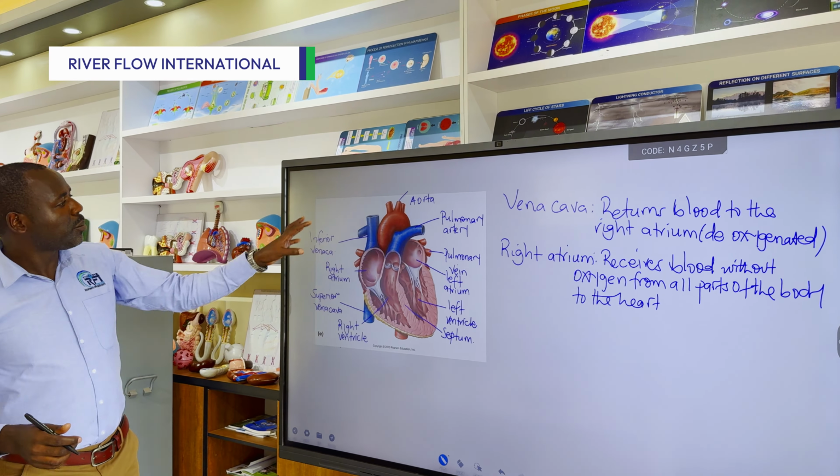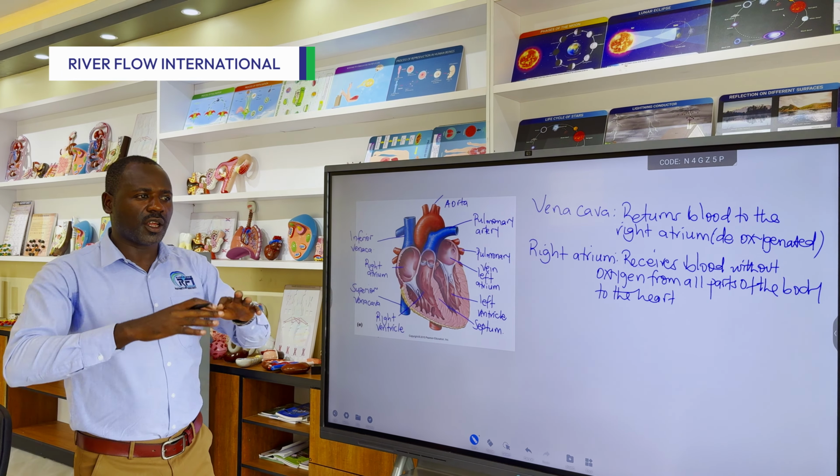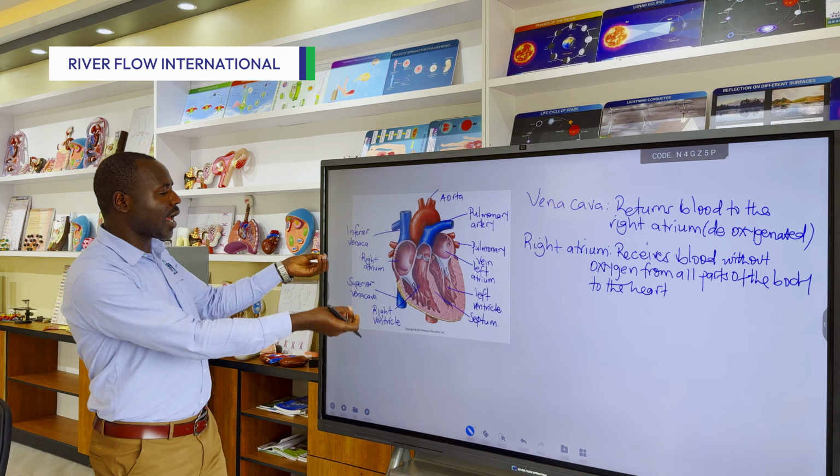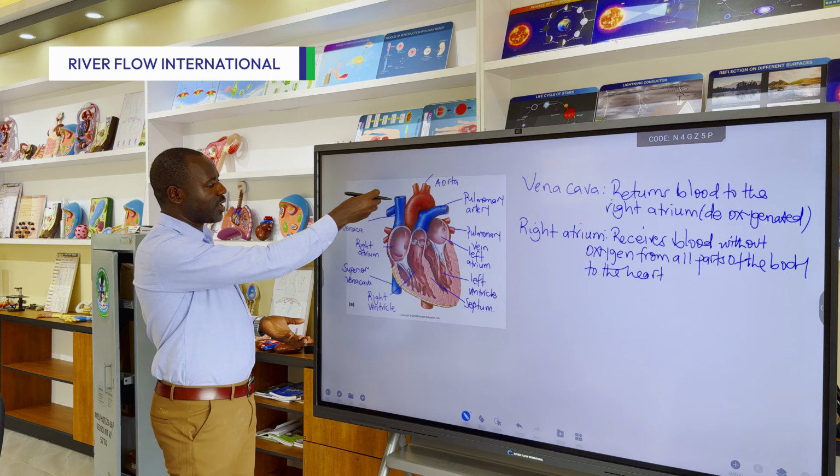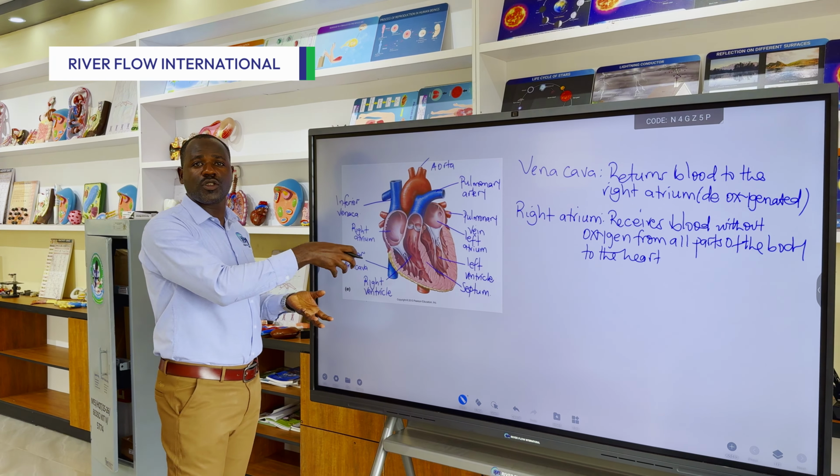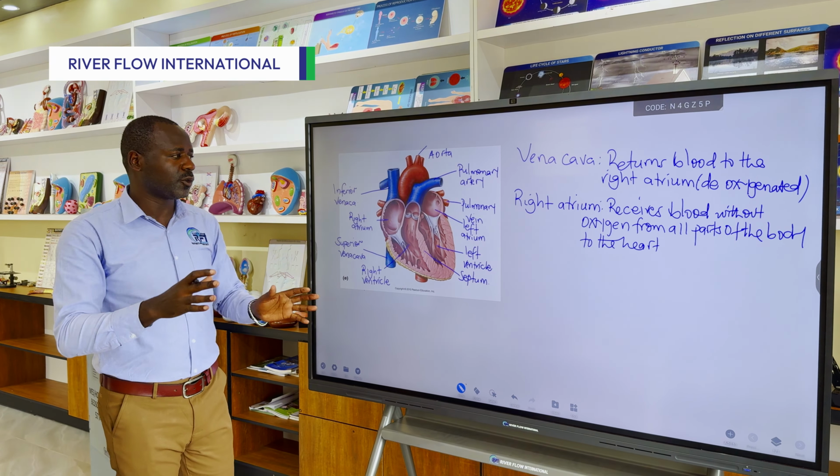So when this blood has been used and it does no longer have oxygen, it returns to the heart via the right atrium. So it is the right atrium that receives that blood without oxygen.